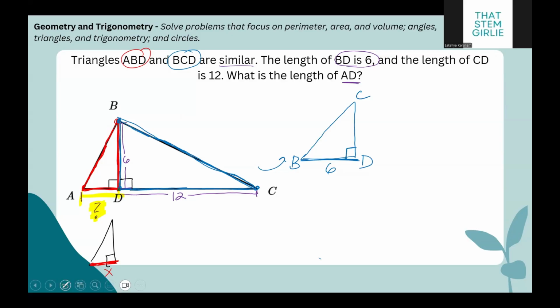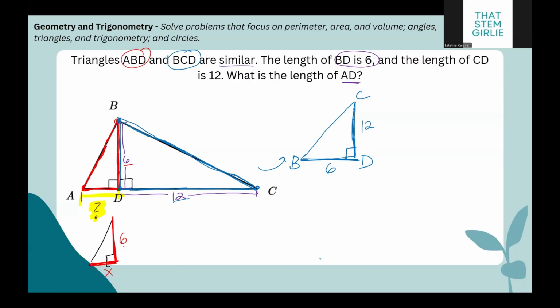Well, we know here that this is the longest end, right? This longest end has the exact same value as this side, so that's going to be 6. Here on the blue triangle, the longest side length is 12. The hypotenuse is going to be bigger than both of them. So what we can do is set up a proportion.